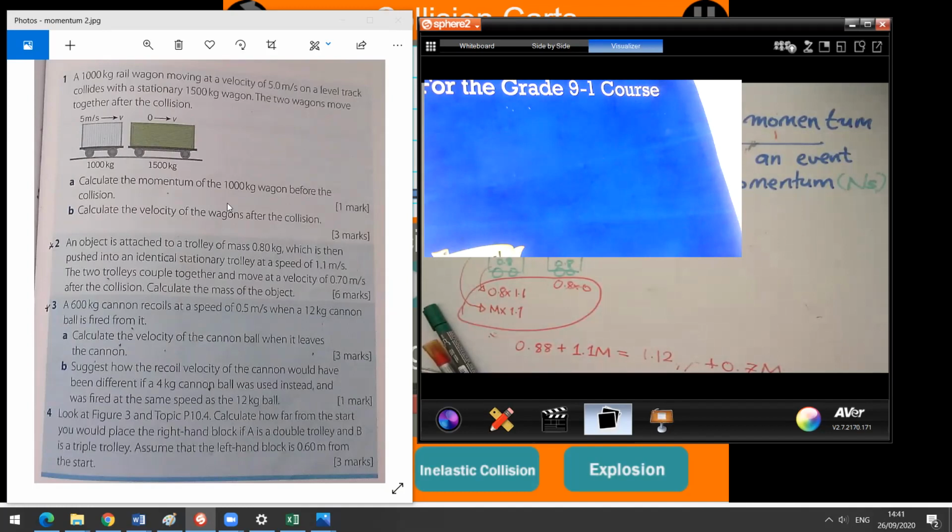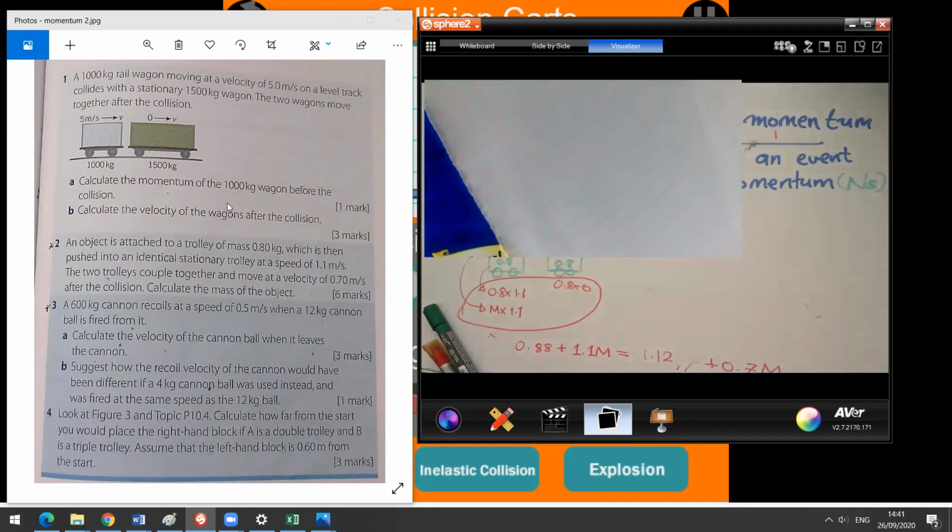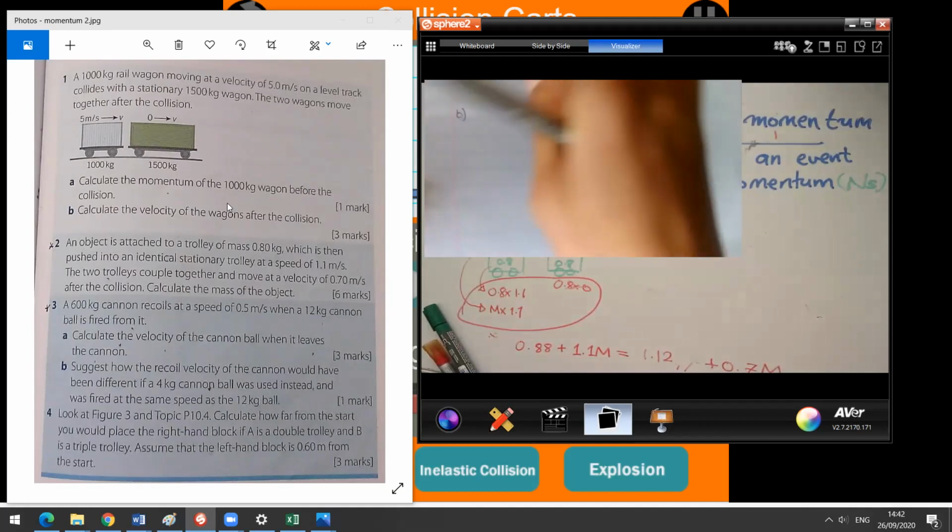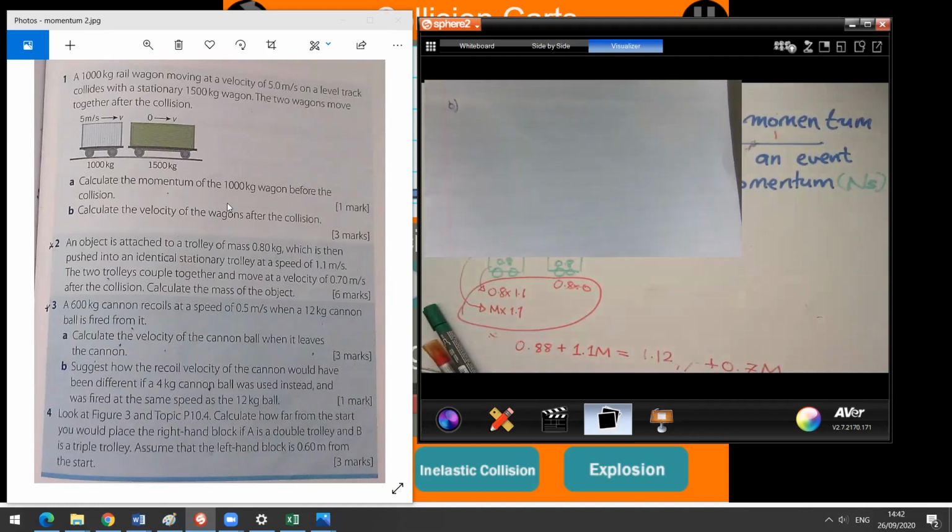B suggests how the recoil velocity would have been different if a 4 kg animal was used.